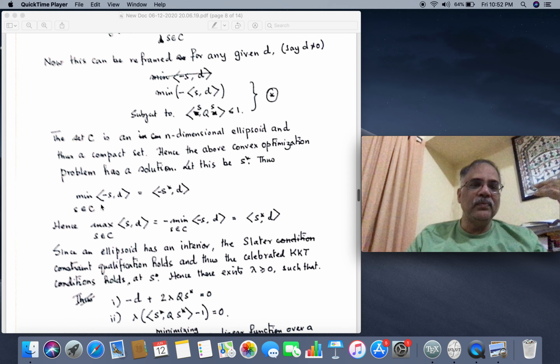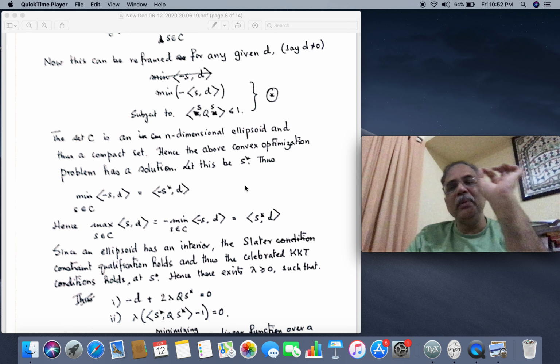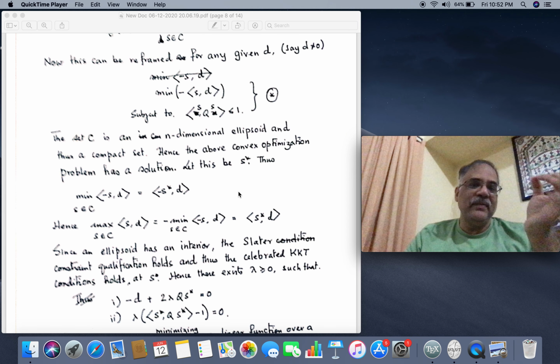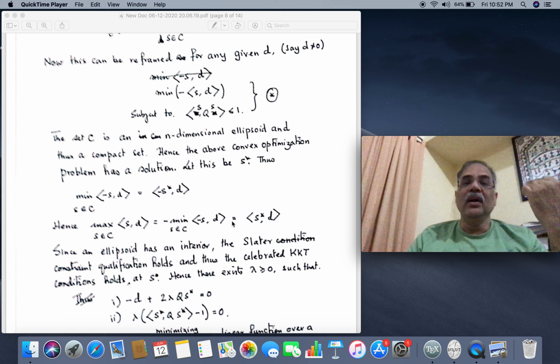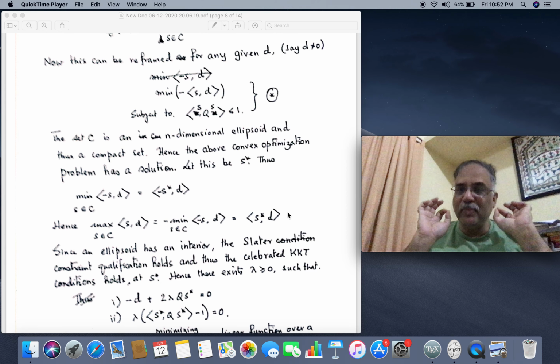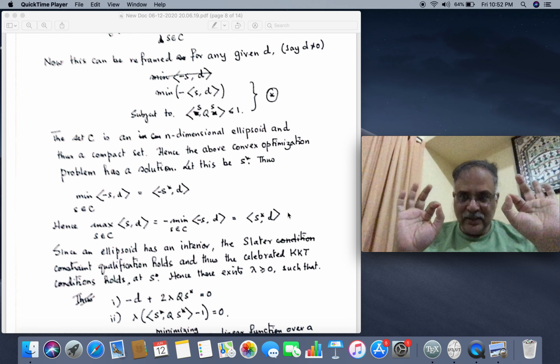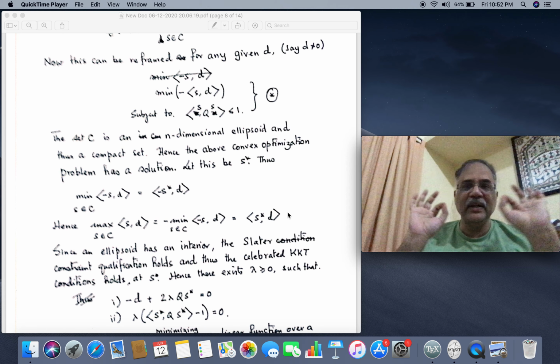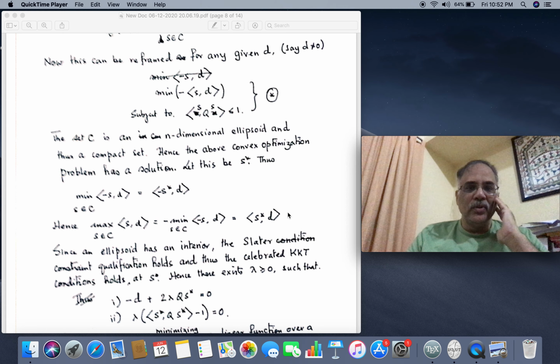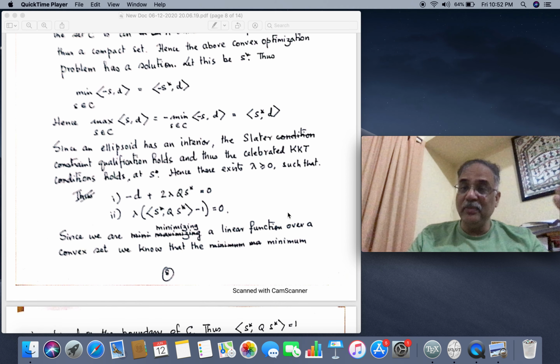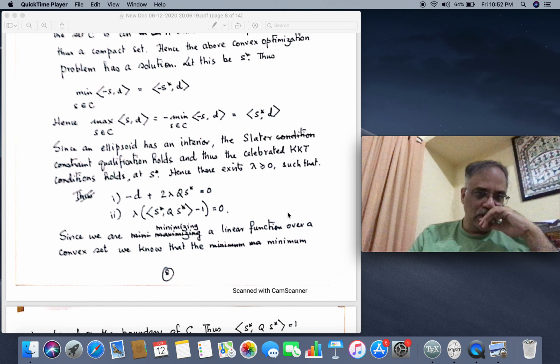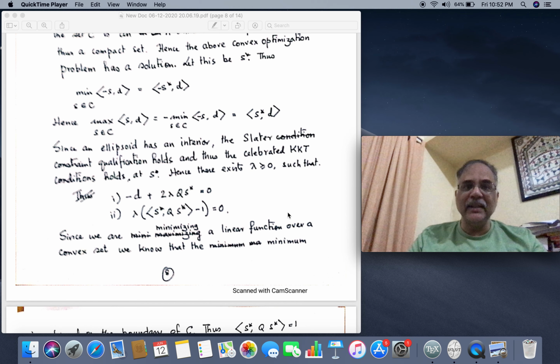Now there will be a minimizer. So the minimum of this, if s star is the minimizer, is this. So the maximum is nothing but minus the min of minus s^T d, which is sigma of d. So I have to just apply the KKT condition at s star and find sigma of d. Because the Slater condition holds, we can apply the celebrated KKT conditions at s star.